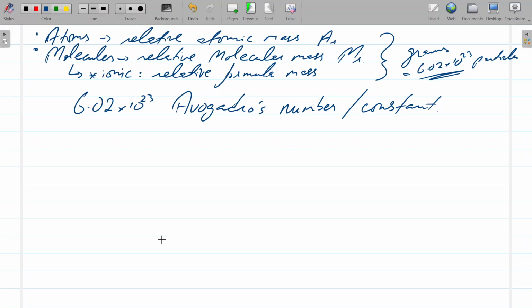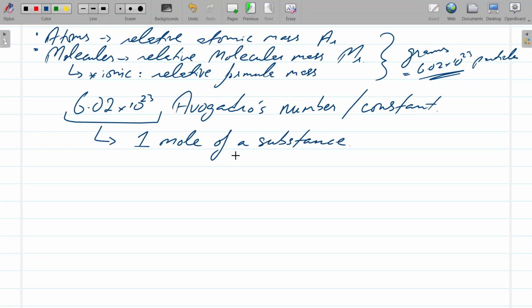Obviously named after the scientist who figured this out, Amedeo Avogadro. Okay. And this many number of particles is called 1 mole of a substance. Okay.